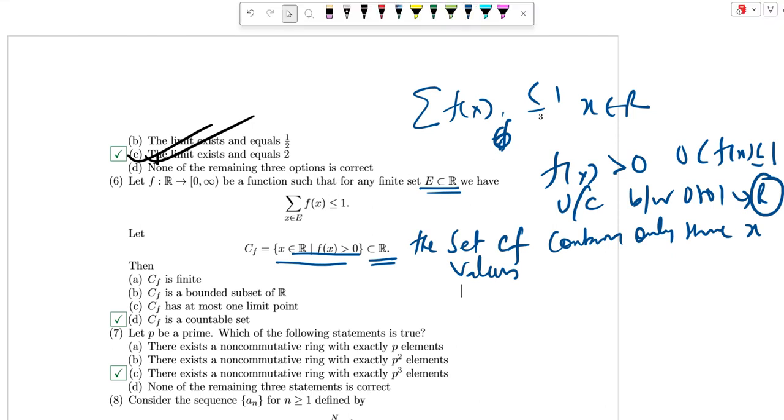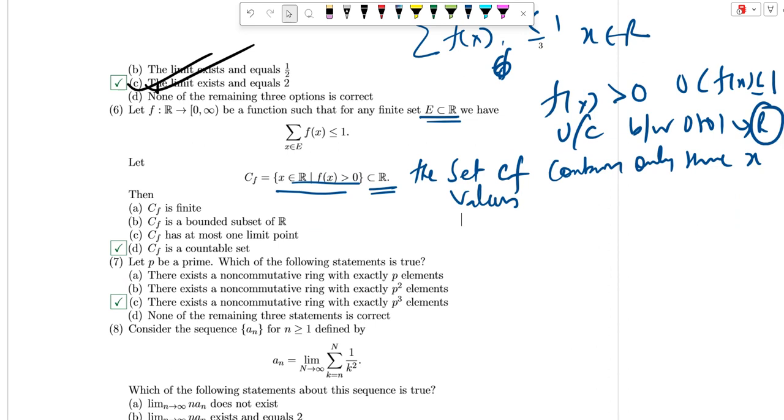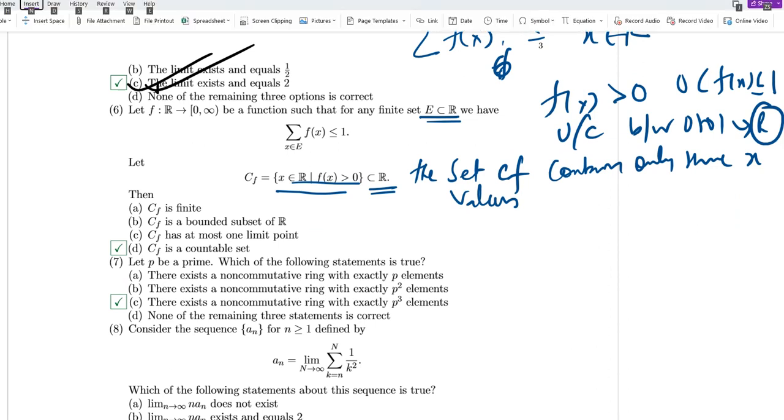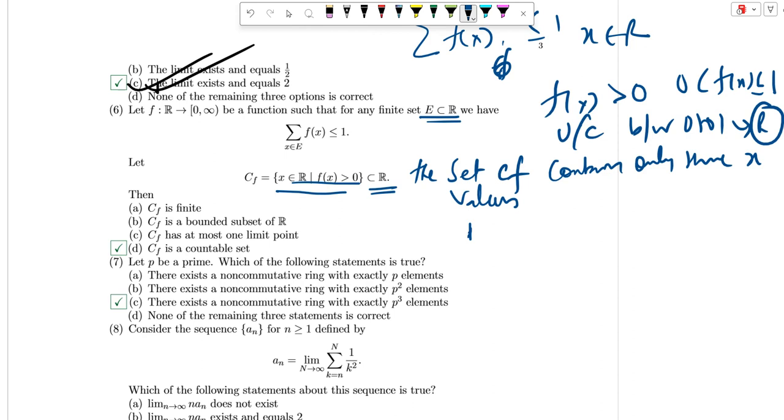So 0 to 1 we can take, and CF is a subset of all real numbers, so it cannot contain an uncountable number of elements. So CF must be a countable set, so therefore in this case only D is the correct answer.